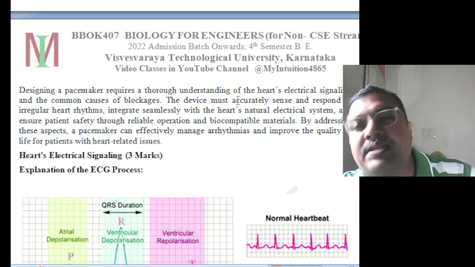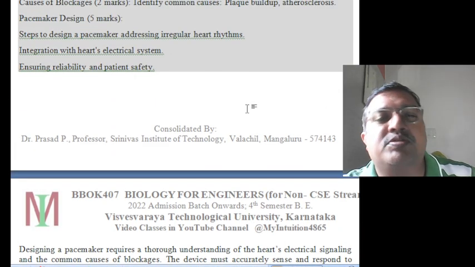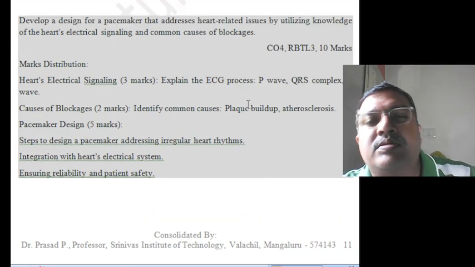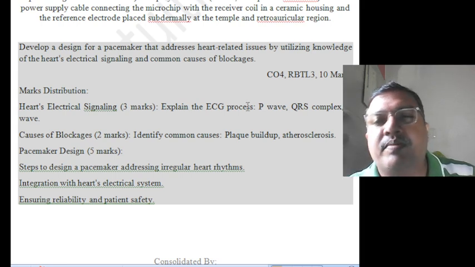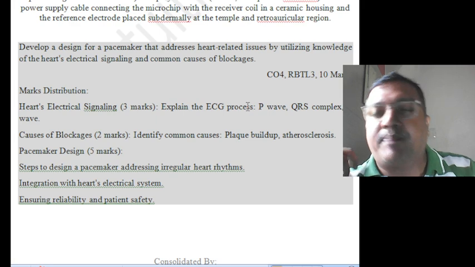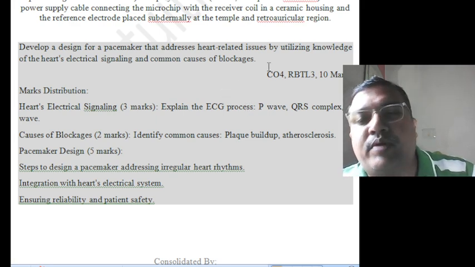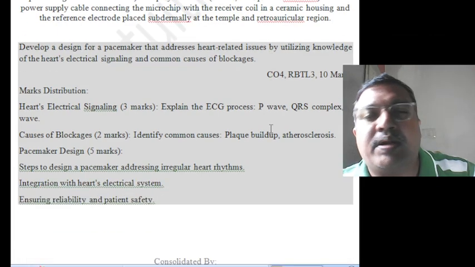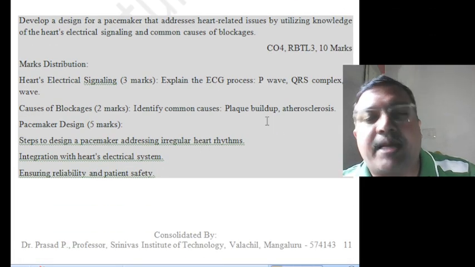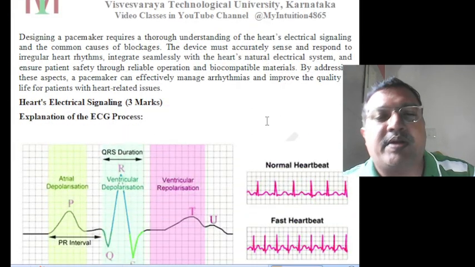In the same way, the pacemaker should produce the signal so that the natural process of blood circulation, the pumping and purification of blood, takes place properly throughout the body, and proper oxygen and carbon dioxide transfer also happens.